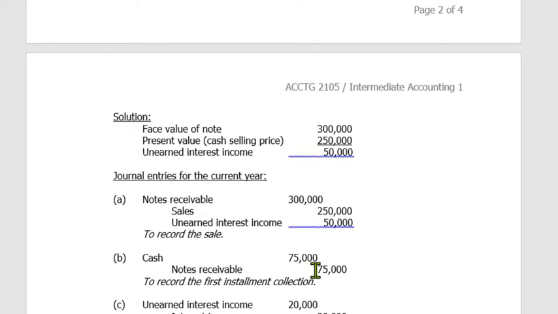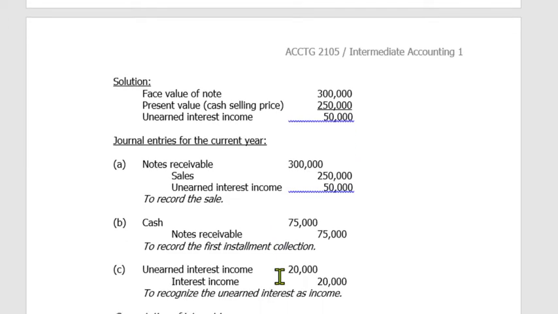Next, when you collect, to record the first installment collection, you debit cash, 75,000, you credit notes receivable, 75,000. Paano na-compute yung 75? That is 300,000 divided by 4. To recognize the unearned interest income as income na, so you debit unearned interest income. So, anong normal balance ng unearned interest income?